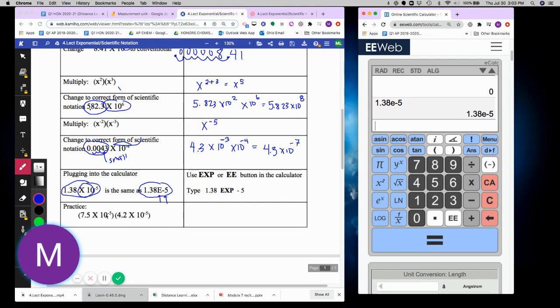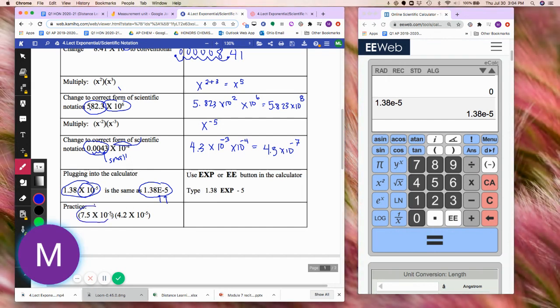If you want to do a problem like this, all you have to do is type it in the calculator. Let me clear this.